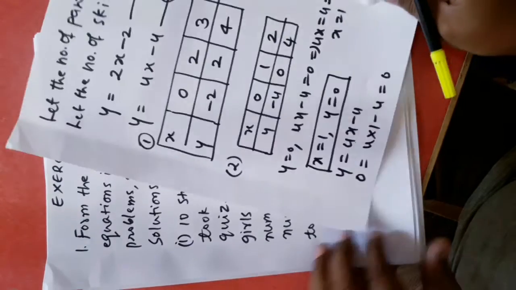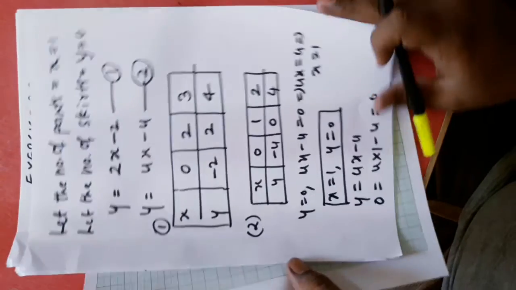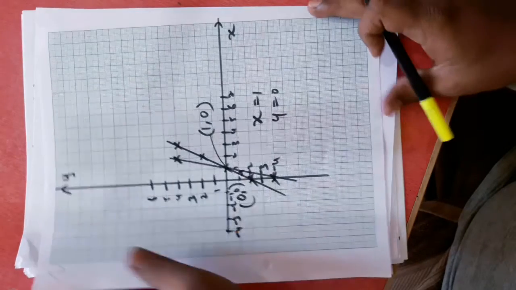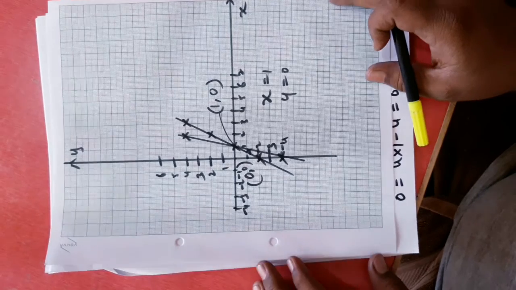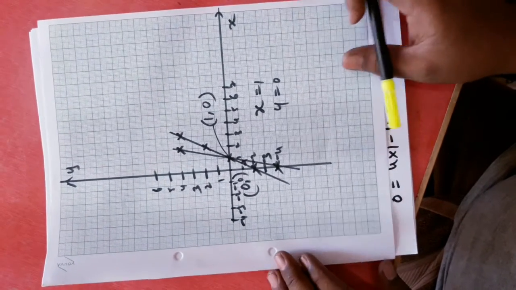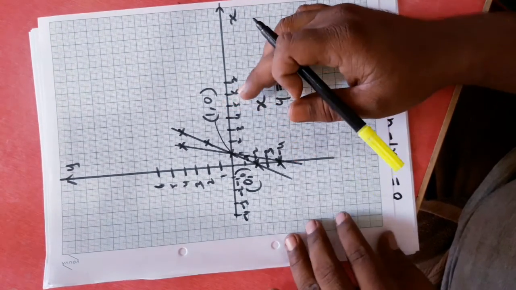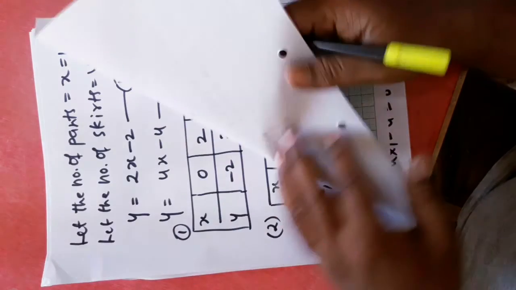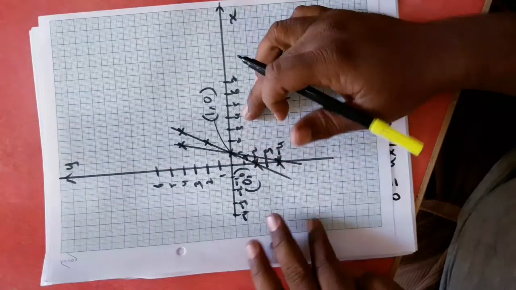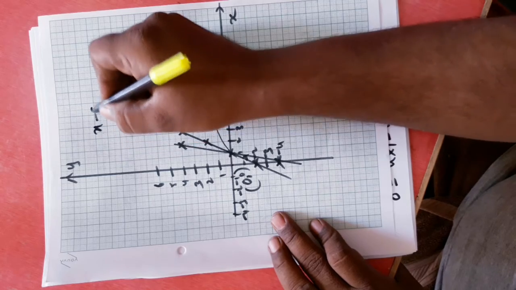One second, you can observe the graph also. These are the intersecting lines, intersecting at 1, 0. We can write the scale also.